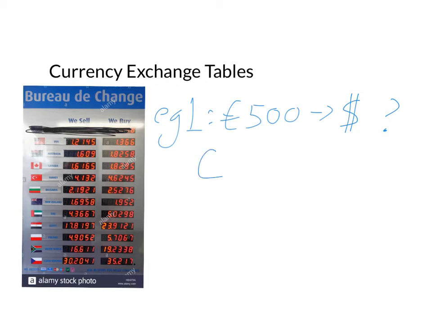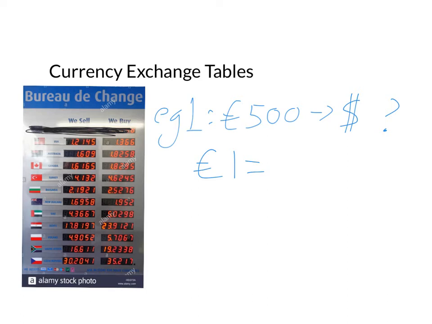We're going to see €1, what it's equal to in dollars. So if we look here for USA dollars, we can see there's two prices given. So we're thinking, is the bank going to be buying or is the bank going to be selling dollars? And in this case, the bank is going to be selling dollars because we'll be buying them for €500.